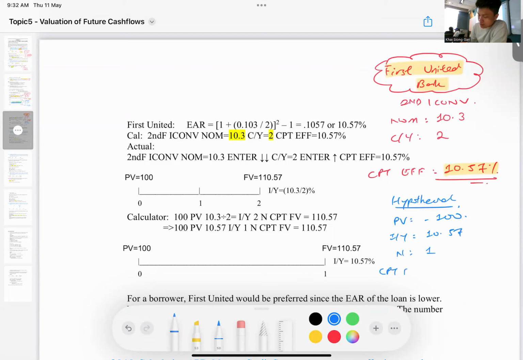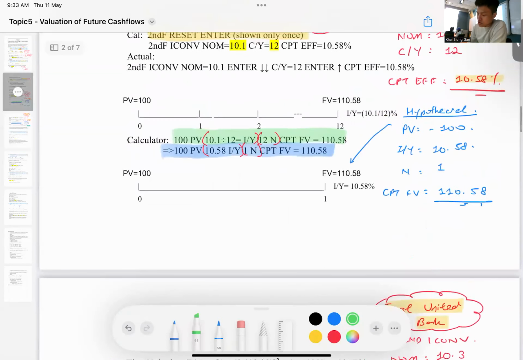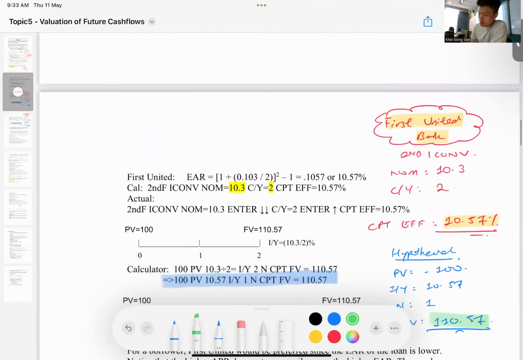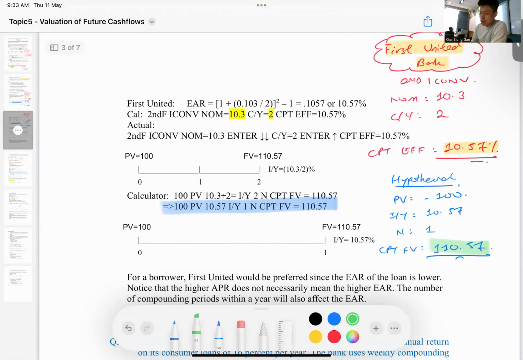Compute FV equals 110.57. That means if I borrow 100 right now, I have to pay back 110.57, which is lower than the 110.58. So this is a hypothetical scenario.